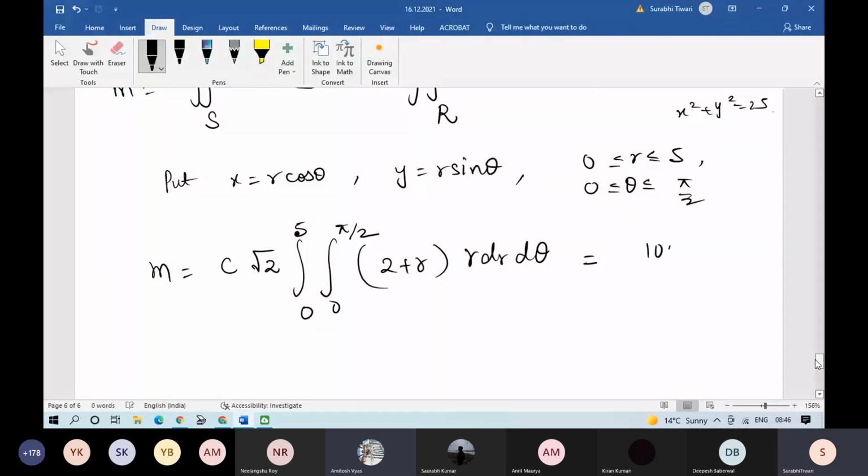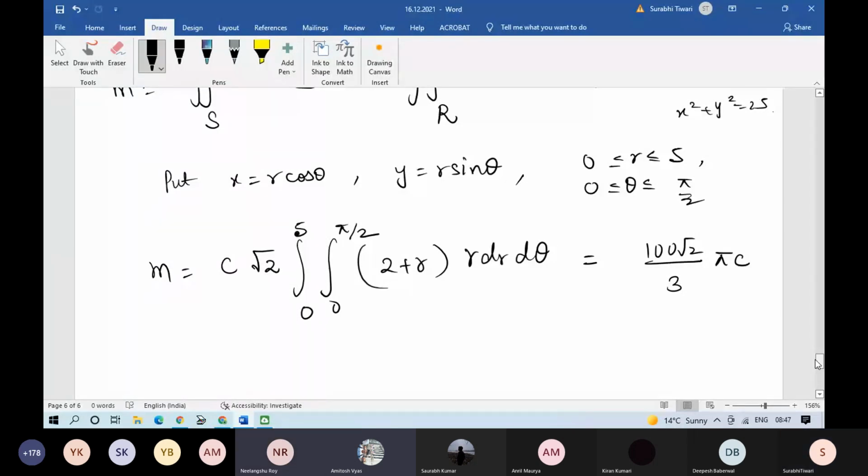So this is 100√2 upon 3 pi c, यही आ रहा है. No, ma'am.